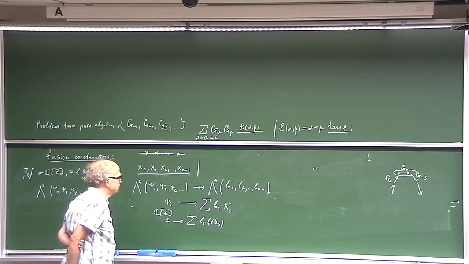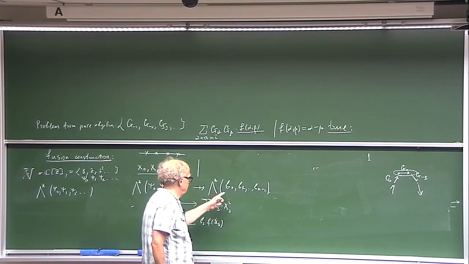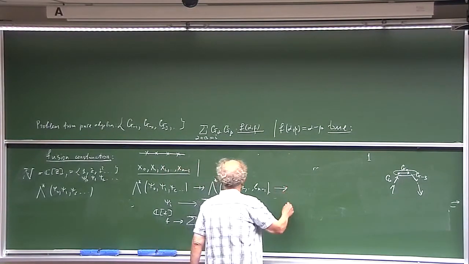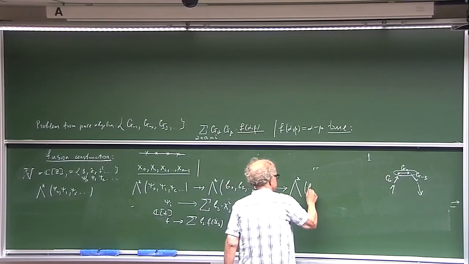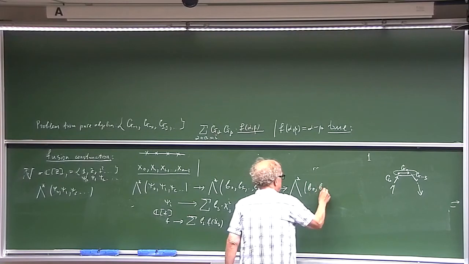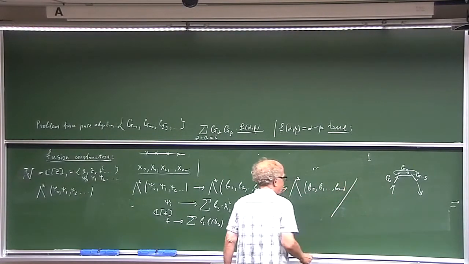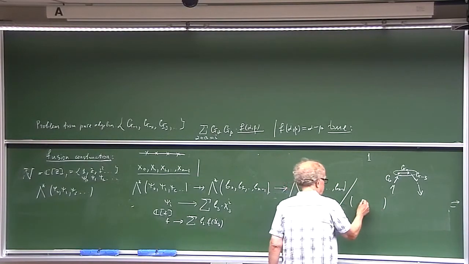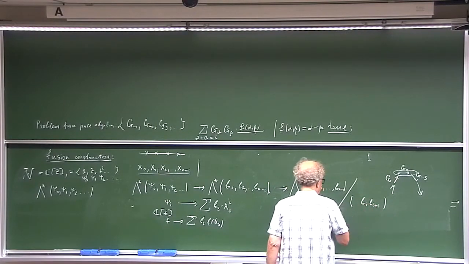Yes, but after that, I take the representation. No, this is the Grassmannian algebra. And it goes to a quotient: I factorize it by the ideal which is generated by the product b_i b_{i+1} for any i.